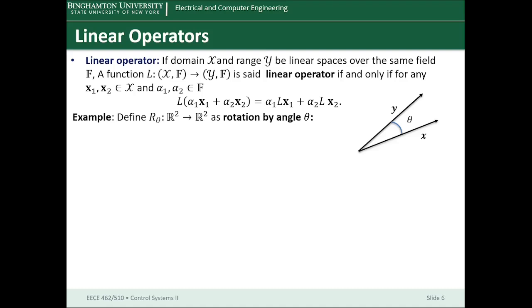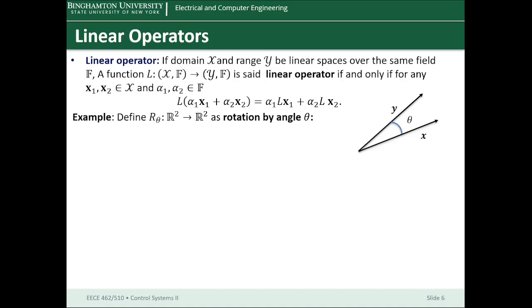Let me give you a simple example. Consider a function that rotates a vector in the plane. Let's call it R theta. This function takes any vector in the plane R2 and gives us another vector in R2 that is rotated by the angle theta.